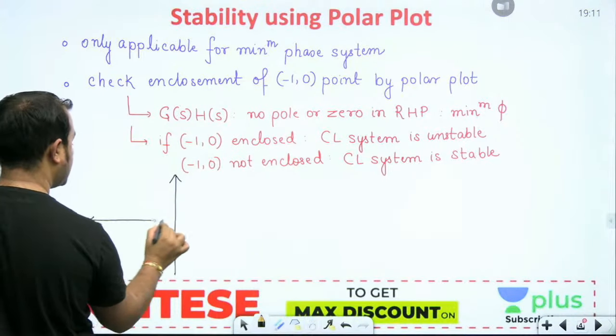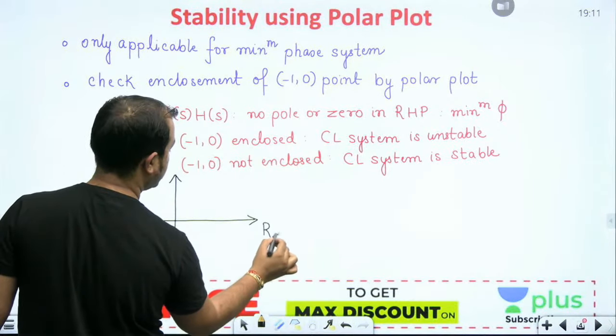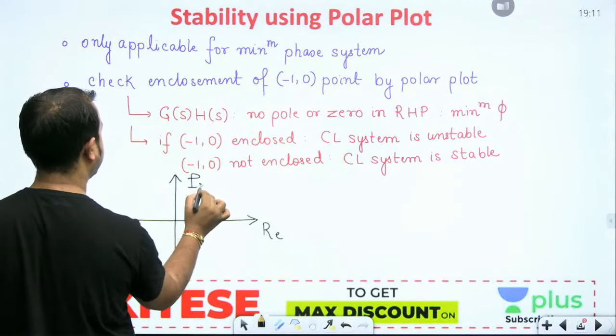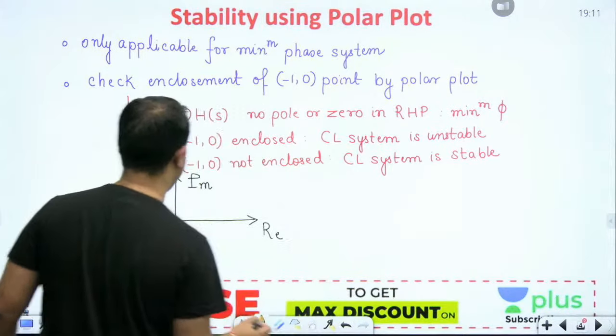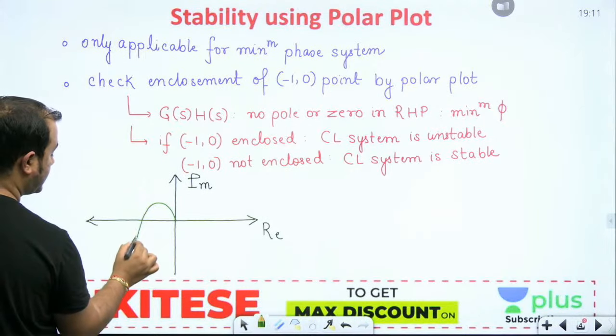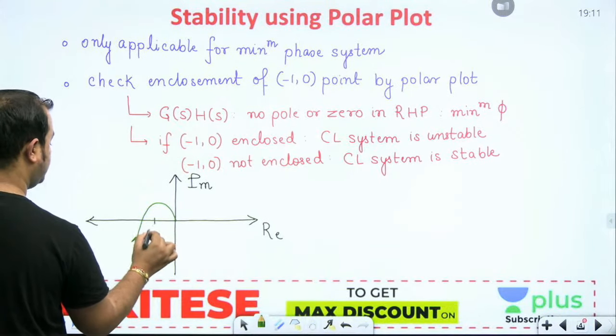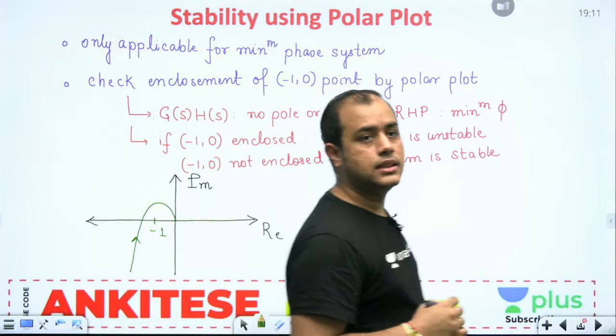Suppose I give you an example. This is the real part, imaginary part. Now see carefully. Suppose we have a plot like this. -1 point is lying here.